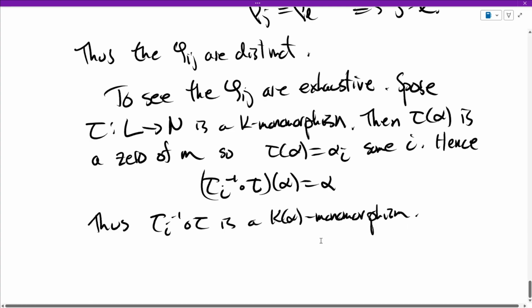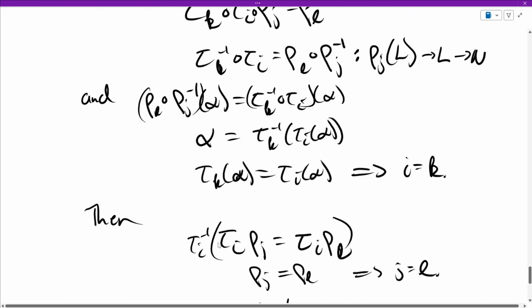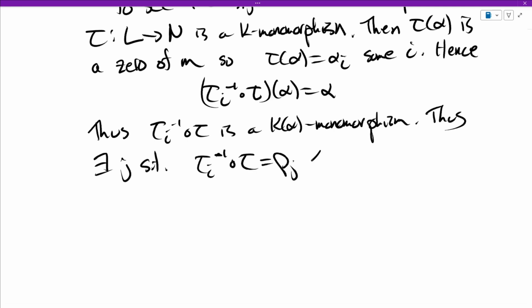But we wrote down all of them, right? We had the whole list of the K adjoin alpha monomorphisms. They were rho 1 through rho s. Thus, there exists j such that tau I inverse composed tau is rho j, and this is equivalent to saying tau is tau I composed rho j, which is one of our phi ij's.